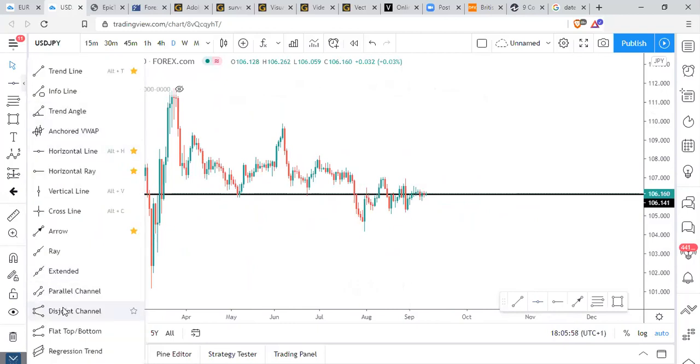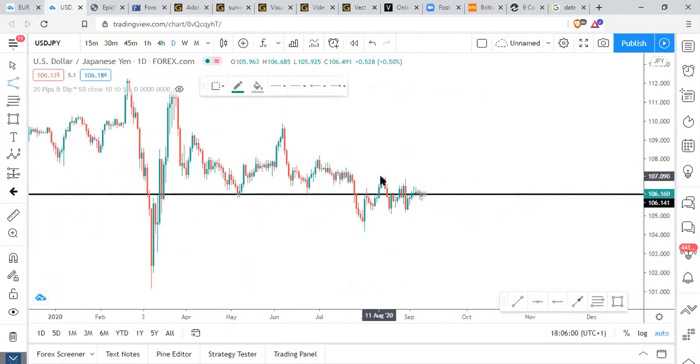It's forming. So this is what is forming. This is what we call a symmetrical triangle. Okay, a symmetrical triangle. What happens in a symmetrical triangle?